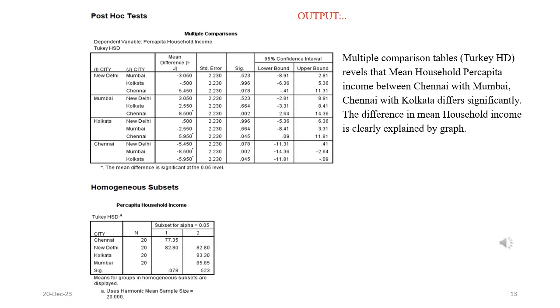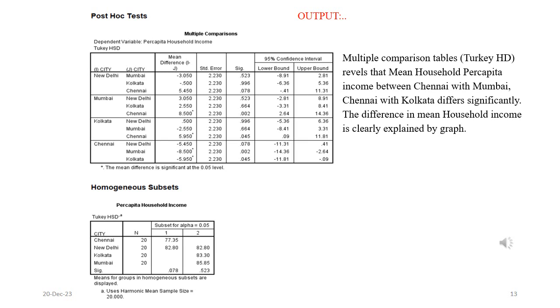Between Mumbai and Chennai there is a significant difference, and the mean difference is calculated as 8.50, with the upper and lower bounds of the confidence interval given.